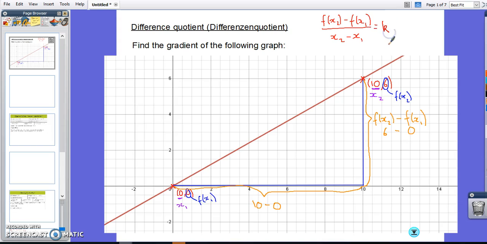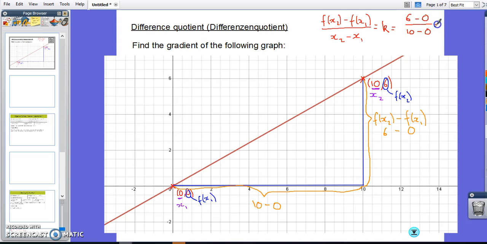We can find the gradient without drawing really big triangles or trying to figure out what kind of fraction this is when we go along one. So I just need to put my numbers into this formula here. So I had f of x2 was 6 minus f of x1 0, over x2 10 minus x1 0.